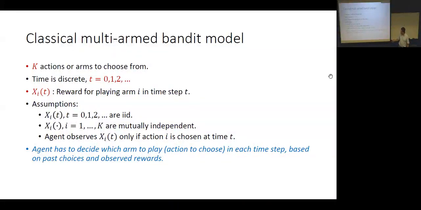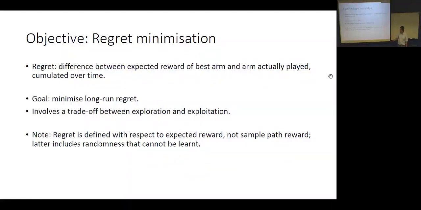So the goal is to decide which action to choose in each time step, and you can make this decision only based on the information you have, which is the past choices and the rewards you observed from them. And what's the objective? The objective is to minimize your regret.